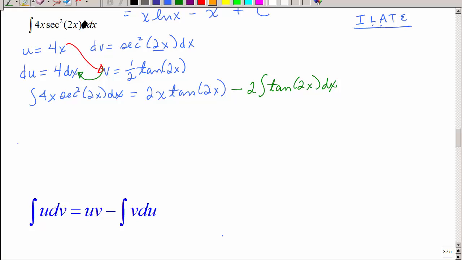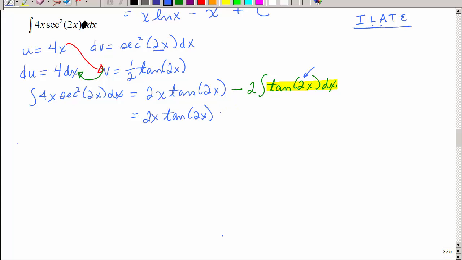So my question is do we know how to integrate the tangent of 2x? Yes, we do. Yes, we should. So remember, we have to take into account that 2 right there, so be careful. So this is equal to 2x times the tangent of 2x, then minus this 2 because of there, times 1/2 because of this.